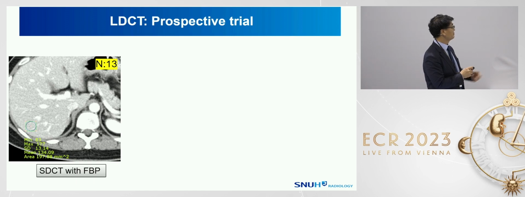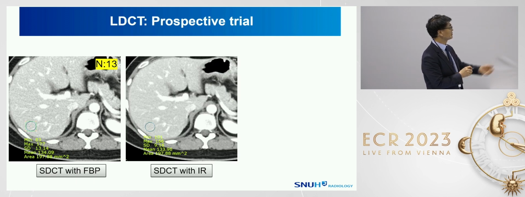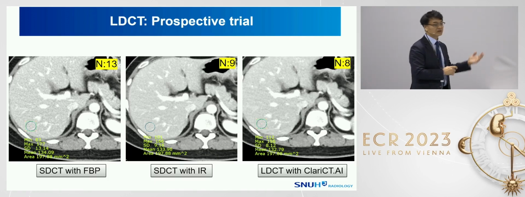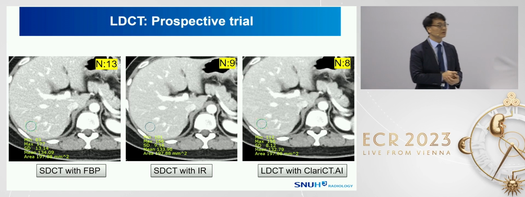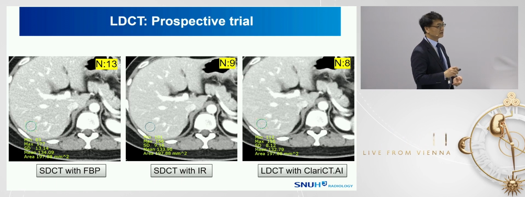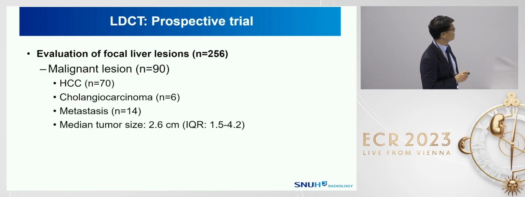And then if you compare the images, this is the standard dose CT with the FBP and the standard dose CT with the MBIR, and then low dose CT with the ClariCT.AI. You can see the radiation dose is 33%, but noise level is similar. If you compare, the image quality is also equivalent with the standard dose CT with the MBIR.